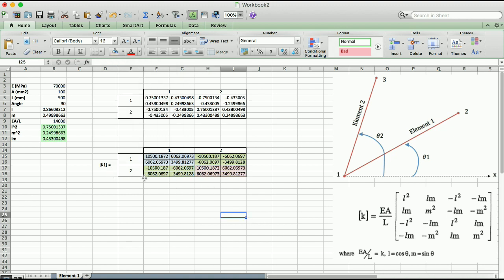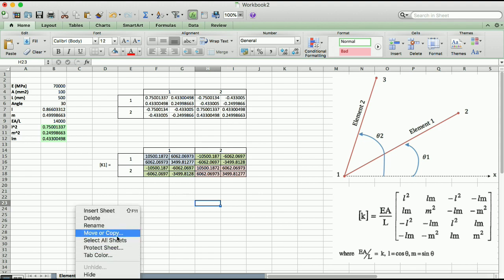Well, the reason I gave the same colors to these two fields is because they're essentially the same number. K12 is always the same as K21. Now, as you can see, I've created the stiffness matrix for element 1.